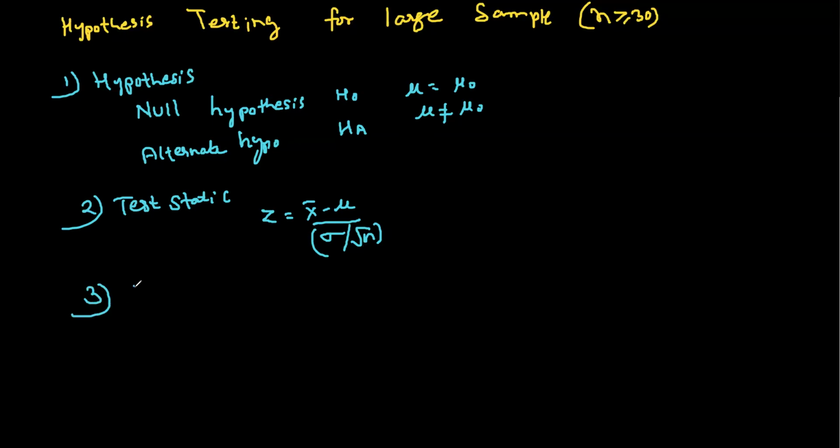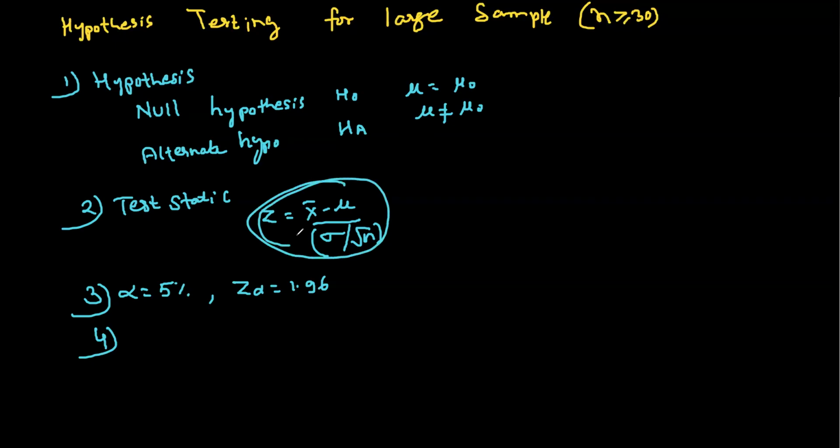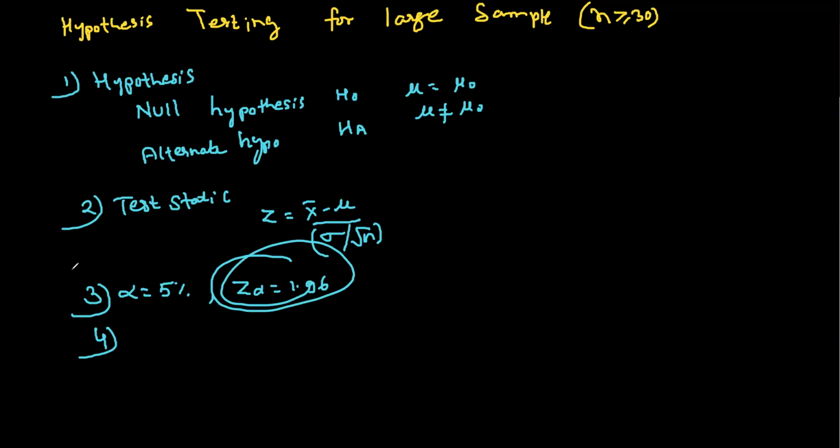Third step is alpha. If alpha is not given, take 5%. And if it is 1%, 2%, 10%, then we will do accordingly. If alpha is 5%, then Z alpha will be 1.96. Fourth step is we check whether my calculated value lies in this range or not.